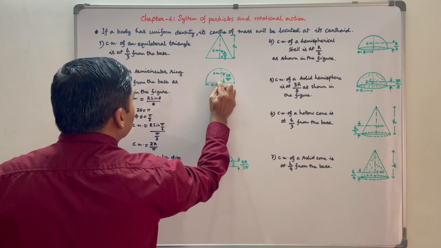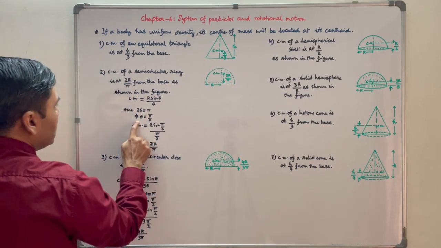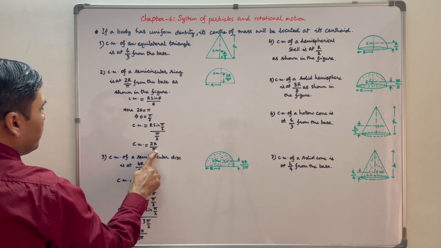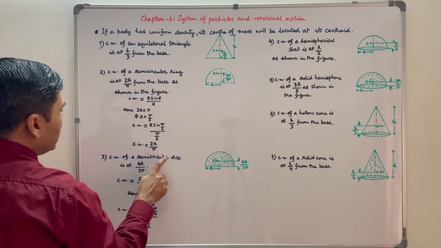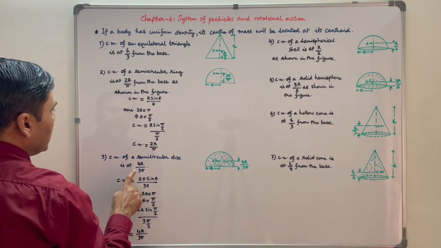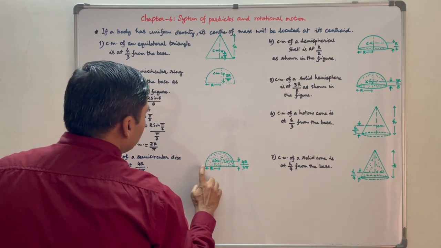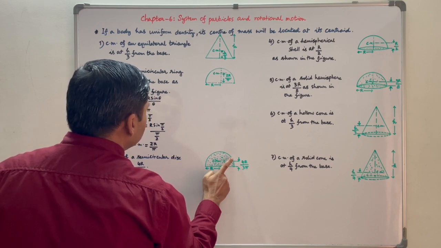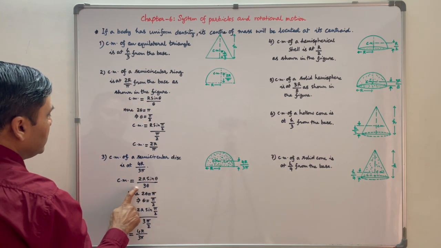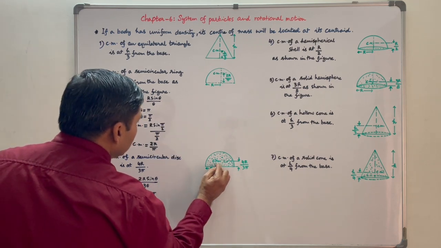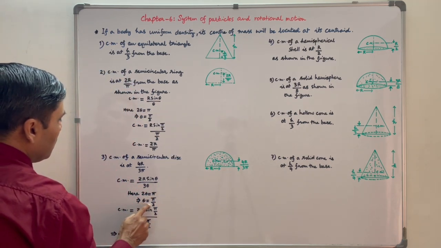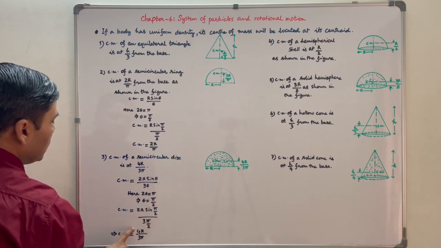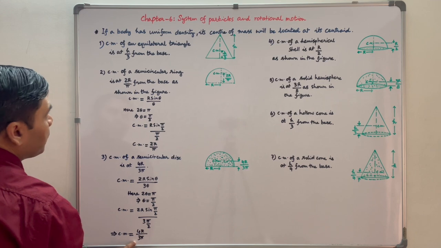Here 2 theta is equal to pi. So theta is equal to pi by 2, or center of mass is equal to 2r by pi. Center of mass of a semicircular disk is at 4r upon 3 pi. We can use the formula center of mass for a sector of uniform circular disk is given by 2r sine theta upon 3 theta. Here 2 theta is equal to pi, or theta is equal to pi by 2. So putting this value, we get center of mass is equal to 4r upon 3 pi.